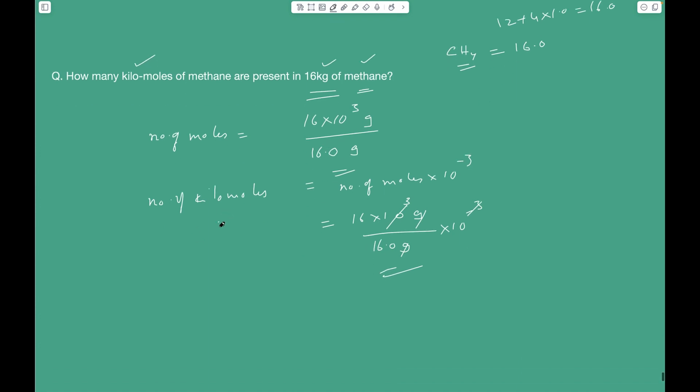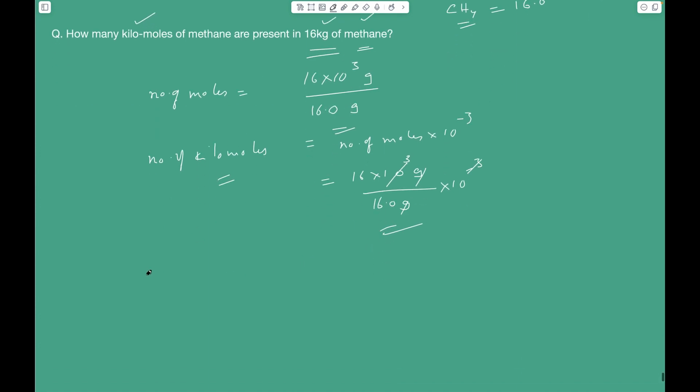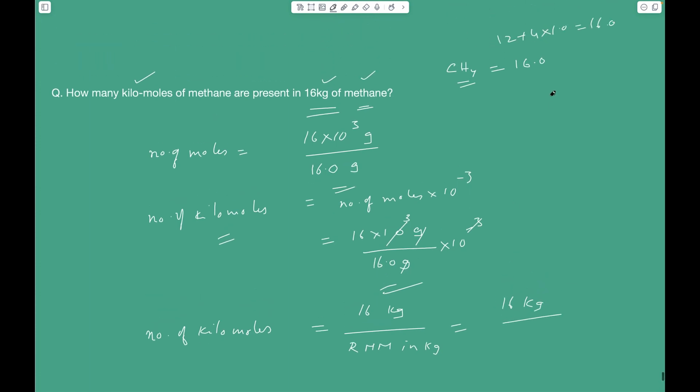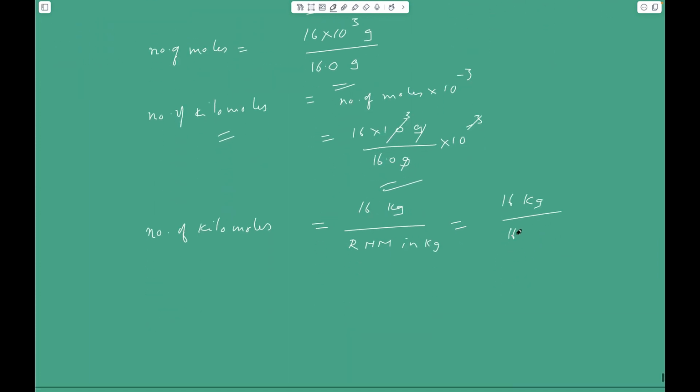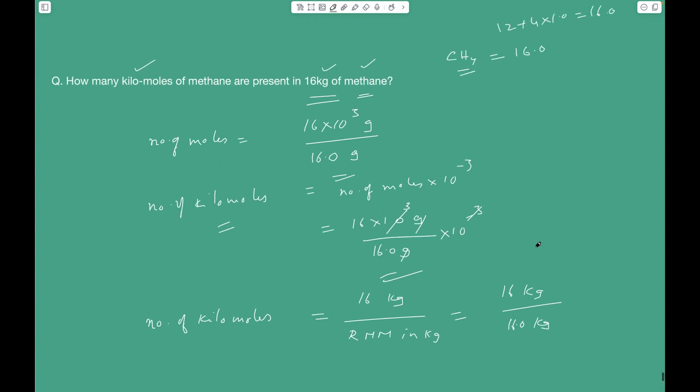So that is how you can figure out the number of kilomoles. Or you can directly get the number of kilomoles by dividing the mass given in kilograms with the relative molecular mass expressed in kilograms, right? So it would be 16 kilograms, and the relative molecular mass of methane is 16.0 kilograms. As simple as that. You would get the same answer either way.